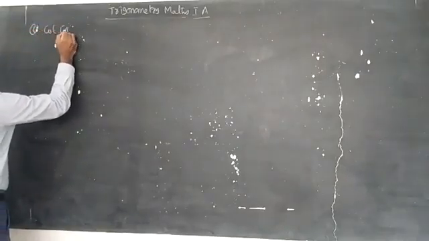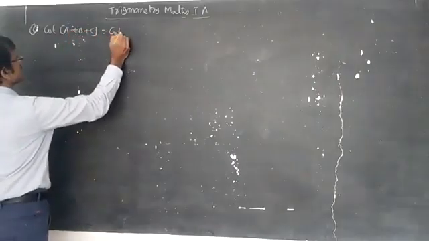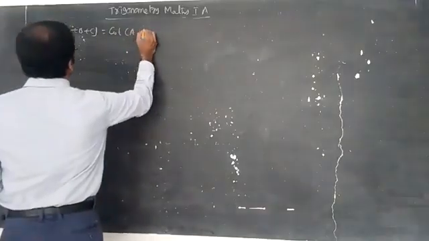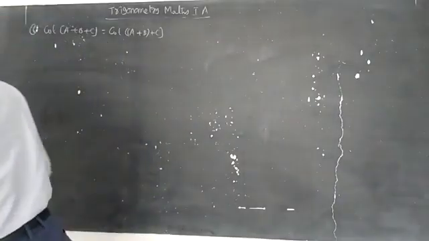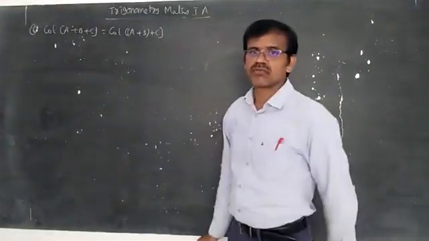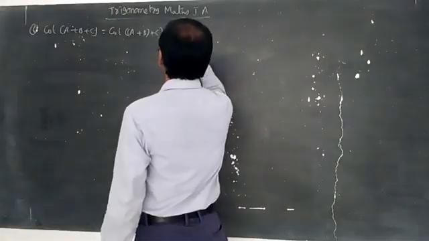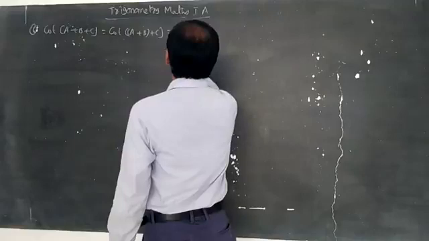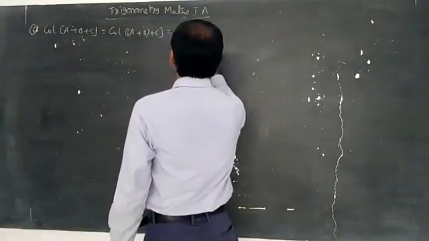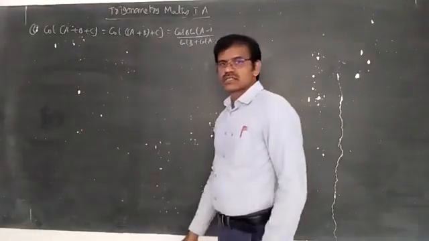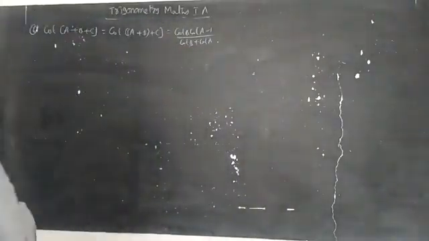Cot of A plus B plus C. You can consider this as cot of A plus B plus C. Let us remember the formula cot of A plus B: cot B cot A minus 1 by cot B plus cot A. Students, I said the formula, everything in compound is concept.